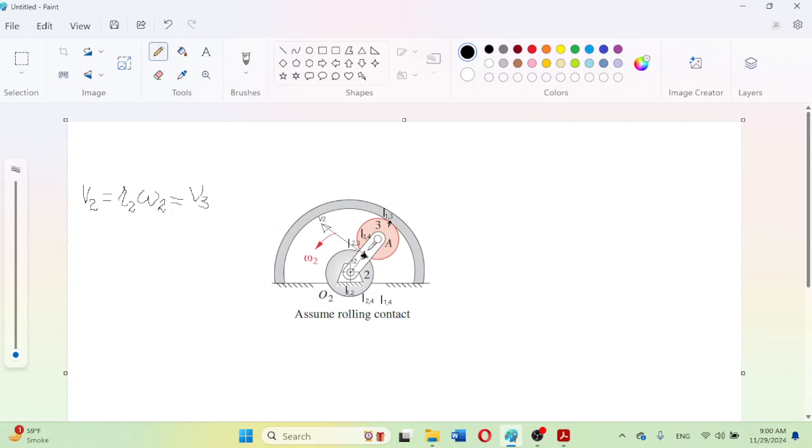So this is the diameter of link number 3, which is in complex motion.